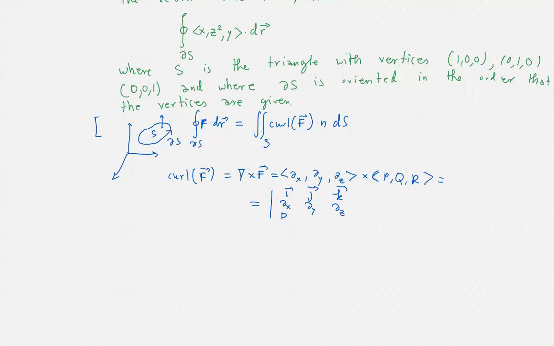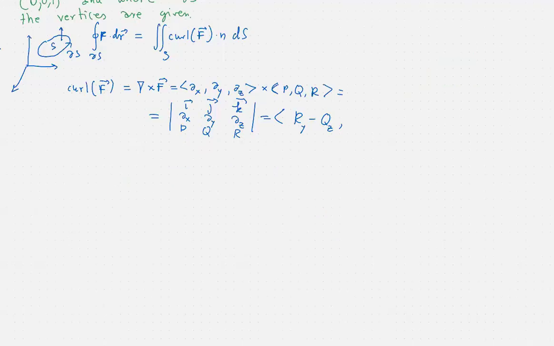So if we delete first row and first column, we will have R sub y minus Q sub z. If we delete the first row and the second column, we will have R sub x minus P sub z, actually with a negative sign in front.